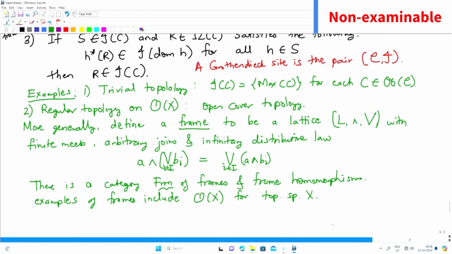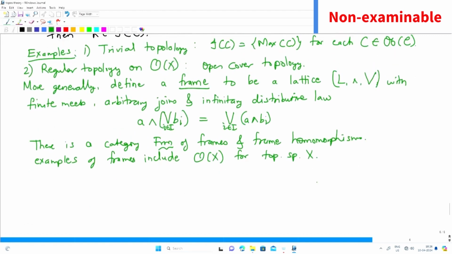But this is not the end of the story. Now, normally, if you think about it, O is not a functor from Top to Frame.